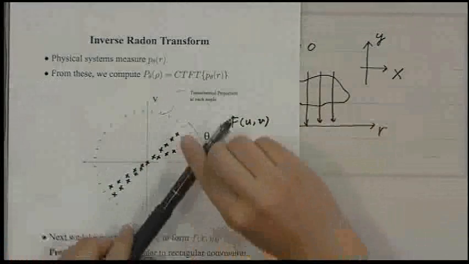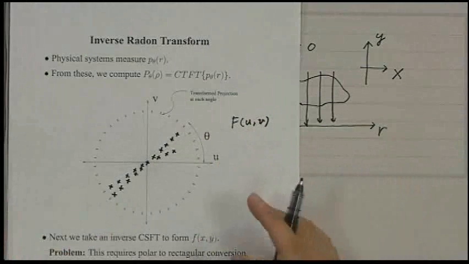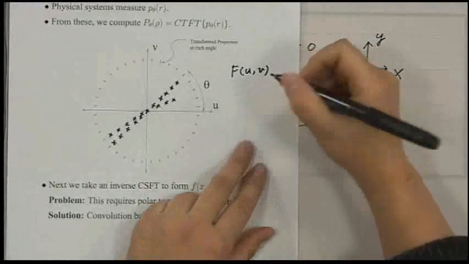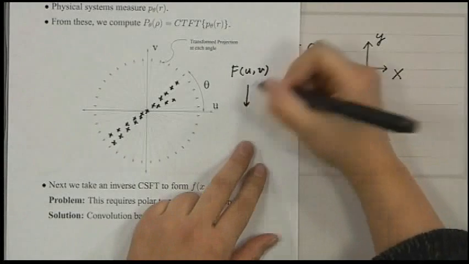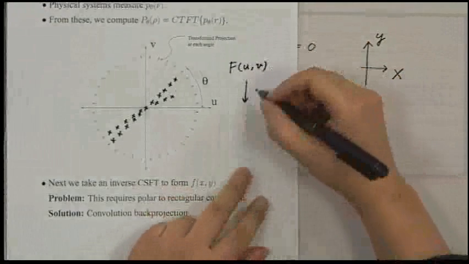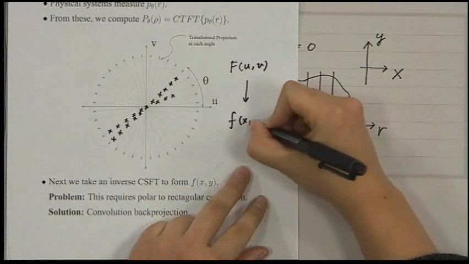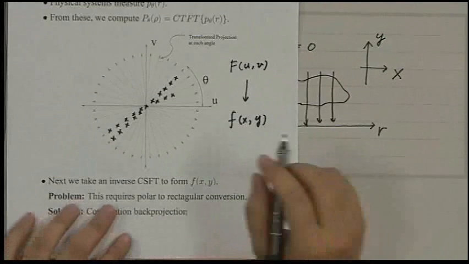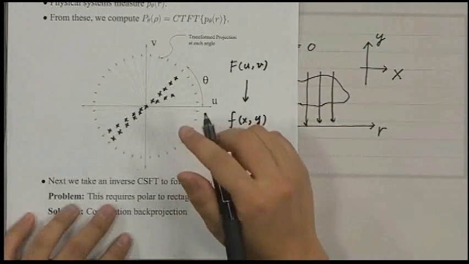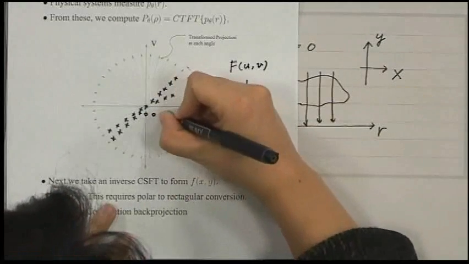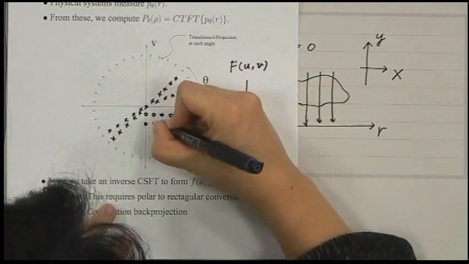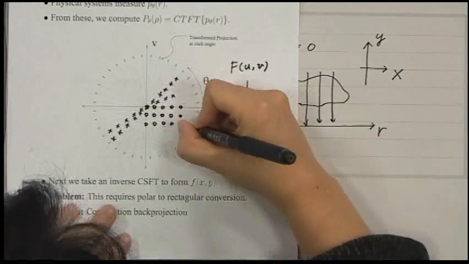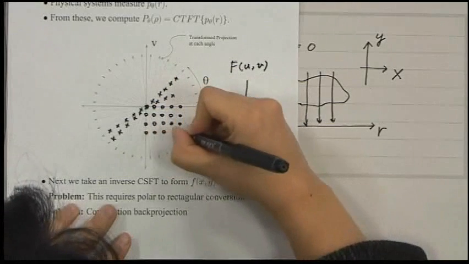So I can just continue, and then we can plot everything. However, the next step we take is the inverse Fourier transform from this capital F(u,v) to f(x,y). To implement this inverse Fourier transform, what we really need is data on a rectangular grid, like this.